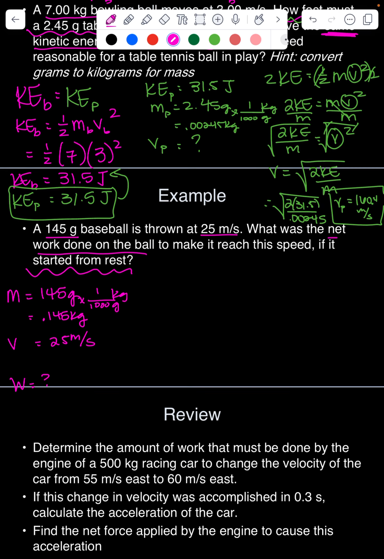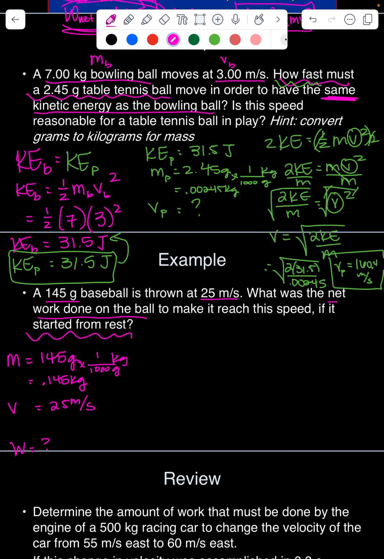So our work is our unknown, but we're missing something else. We were told that it started from rest. So that means that our initial velocity is 0, which means that 25 meters per second is going to be our final velocity.